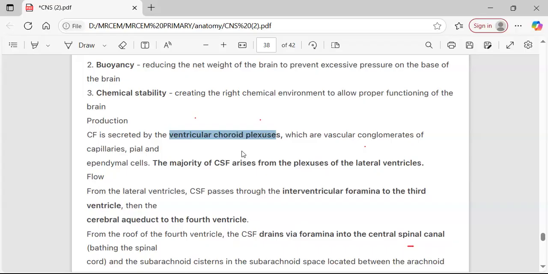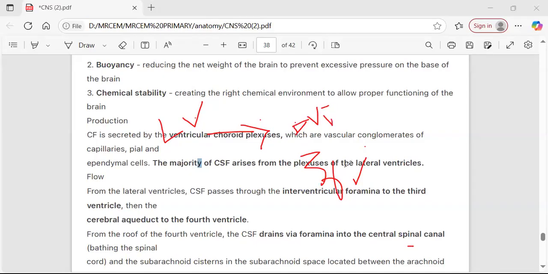The majority of the CSF arises from the choroid plexus of the lateral ventricle. From the lateral ventricle, it passes through the interventricular foramina to the third ventricle. So remember that from the lateral ventricle, it goes to the third ventricle through the interventricular foramina.